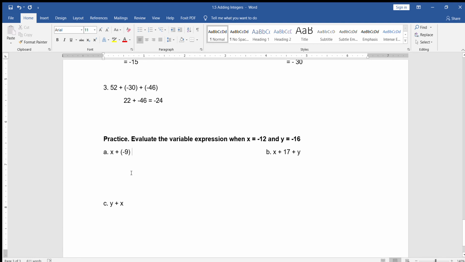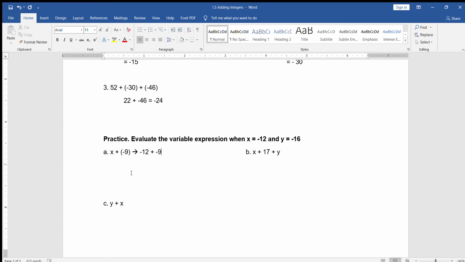First thing first, rewrite all the letters so that they're numbers. X for A is x plus negative 9. So if you substitute negative 12 for x, you're going to get negative 12 plus negative 9.